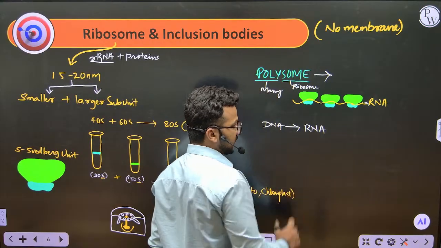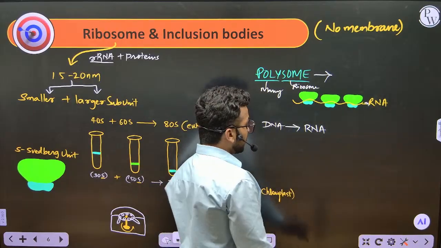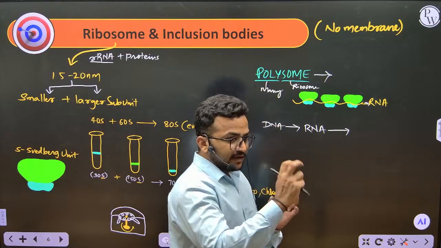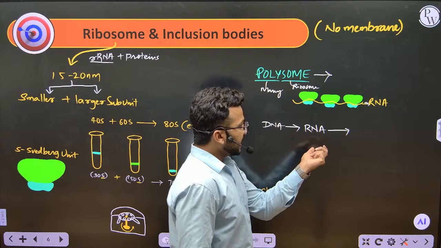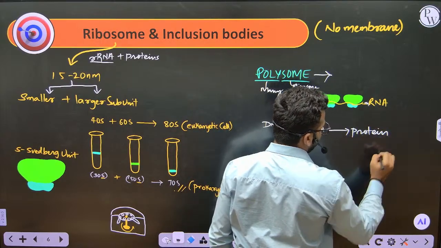That we call transcription. That RNA is this strand. And when RNA translates that language of DNA, we will get a protein.